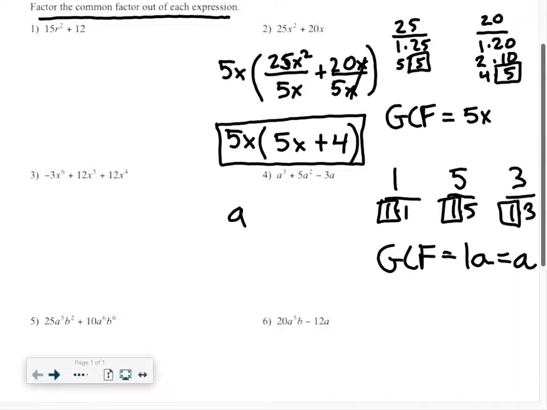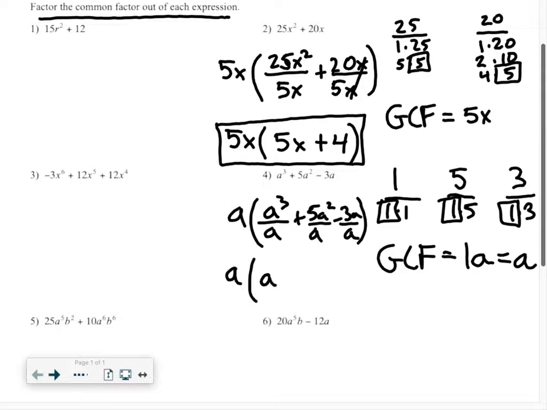We bring a outside of our parentheses, and we take each term and divide it by the GCF. A cubed over a is a squared, just subtract your exponents. Plus 5a squared over a is 5a to the first. Minus 3 over a cancels, so minus 3. And that would be your answer here.